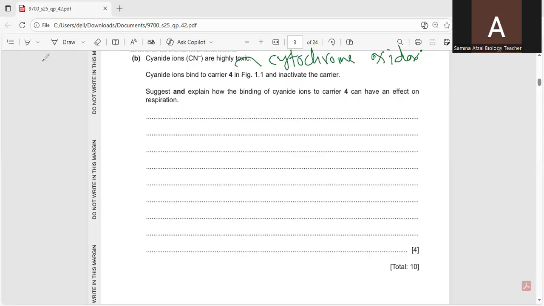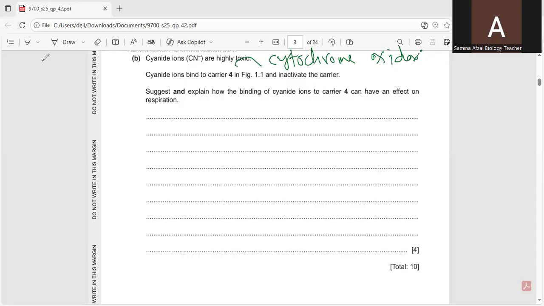So carrier 4, you can say, will affect respiration. Cyanide is a potent inhibitor because it directly interferes with the final step of the electron transport chain in aerobic respiration. So how will it affect?